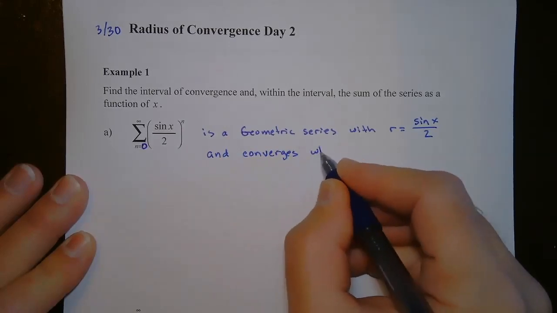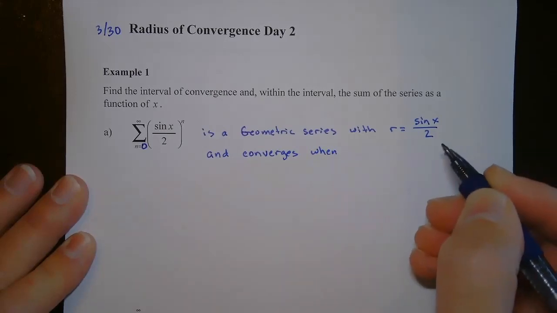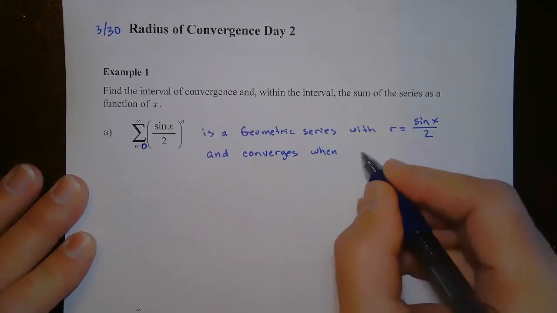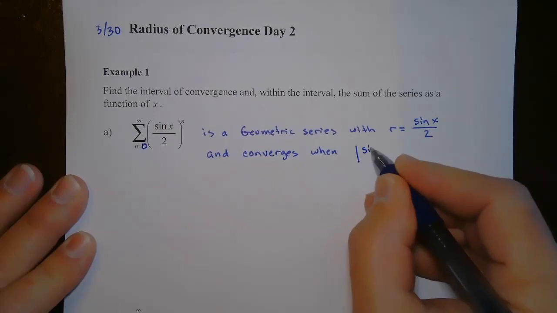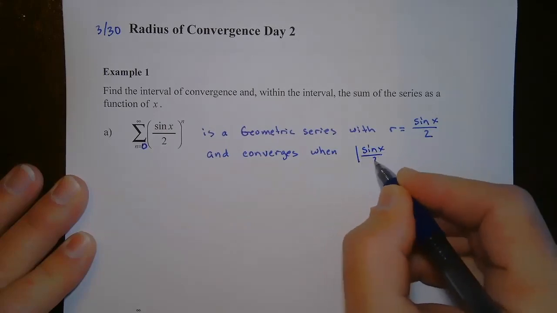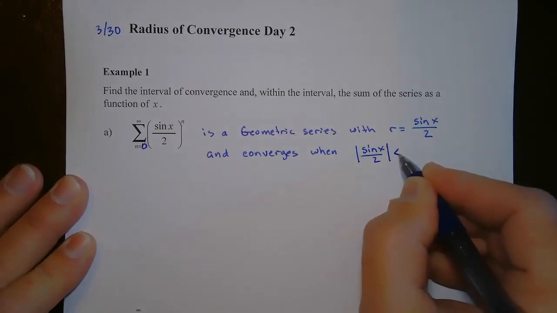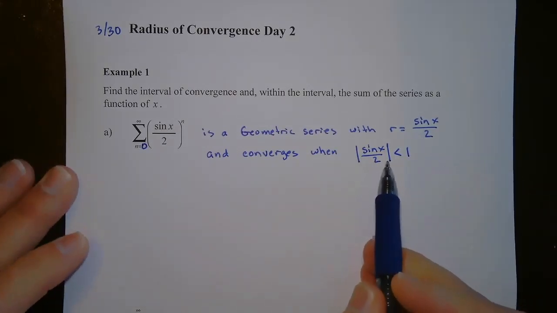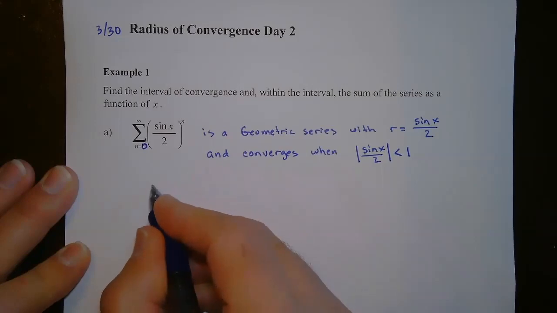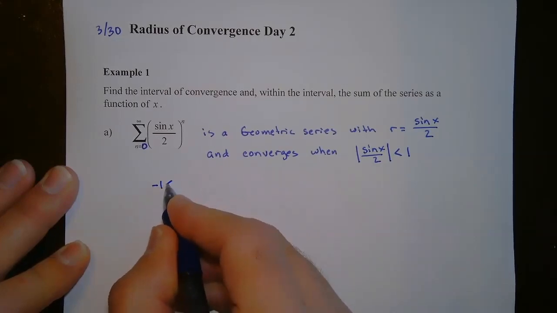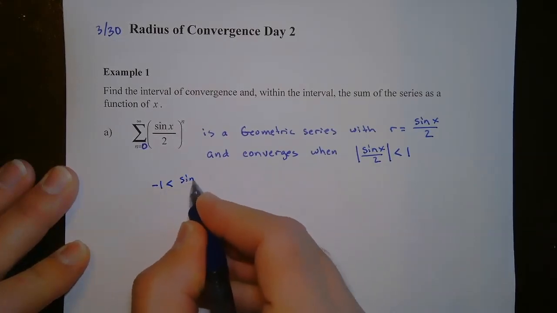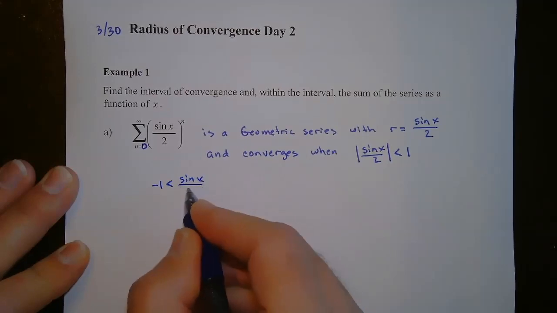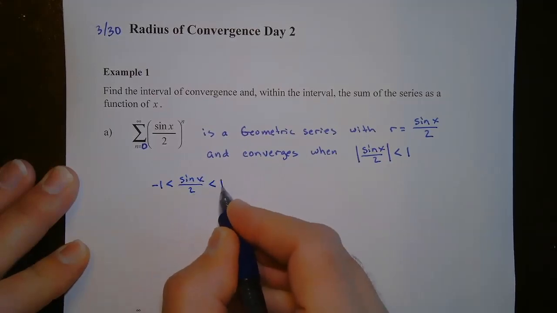It converges when the absolute value of r, which is the absolute value of sine of x over 2, is less than 1. So this translates into -1 is less than sine x over 2, which is less than 1.